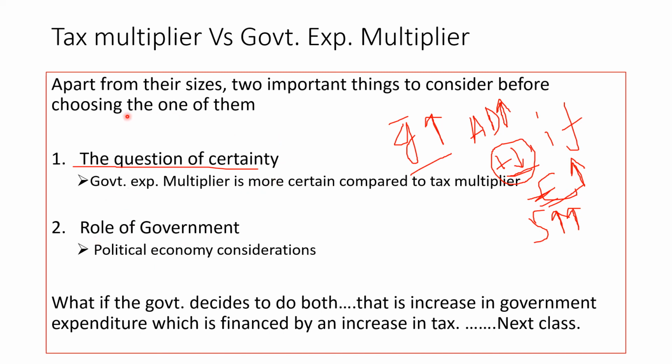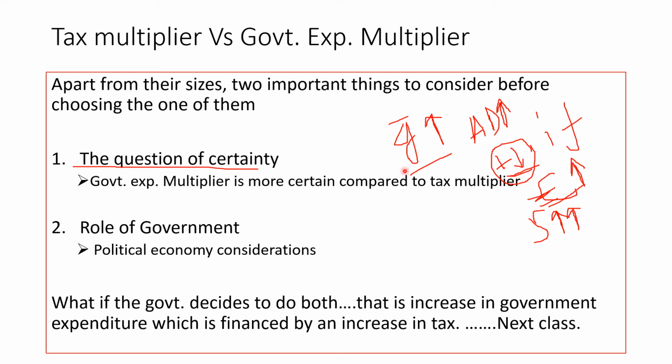So there is a question of certainty, and there is a question of how the policymakers perceive the role of government. Okay, so this is how we compare the government expenditure multiplier and the tax multiplier, because in this model the government has two alternative policy options.